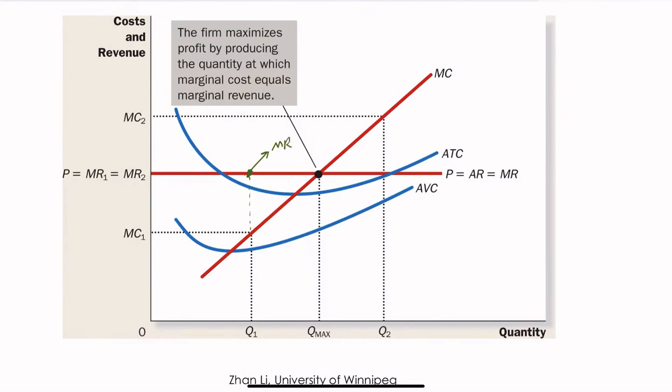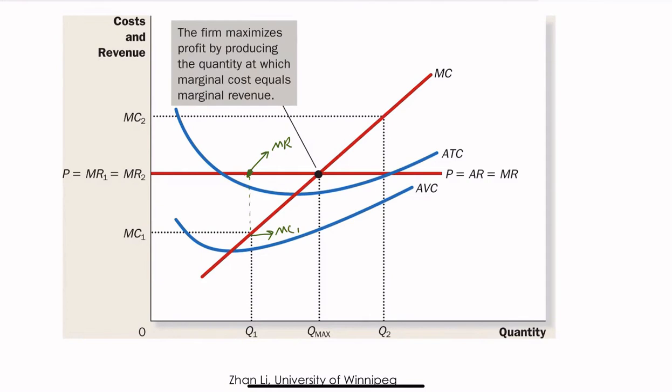The reason is because it's a competitive firm, so marginal revenue equals price. What is marginal cost? Well, you can see that we have a marginal cost curve here. The marginal cost is the intersection of this Q1 and this marginal cost curve. So now we will have MC1, that is marginal cost at Q1.